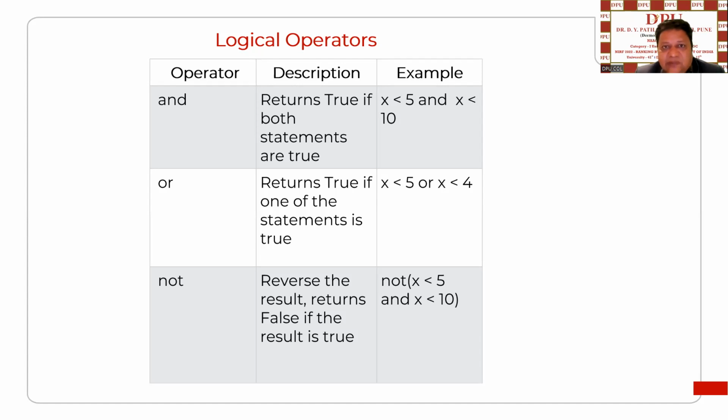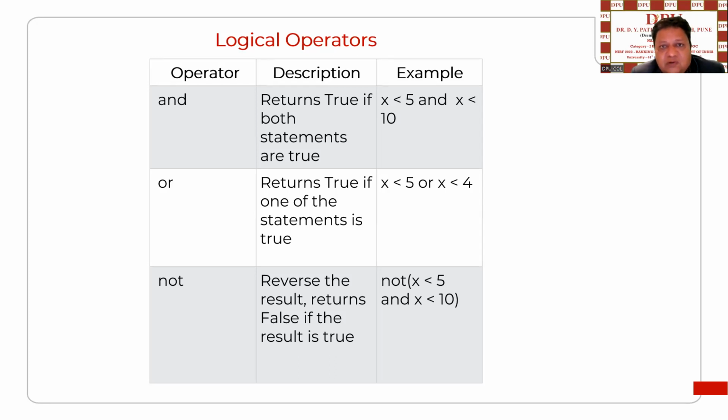But still, I will explain further. Suppose the value of age, I have given age as 18. Now, I don't want in my programming that the age should be less than 20.